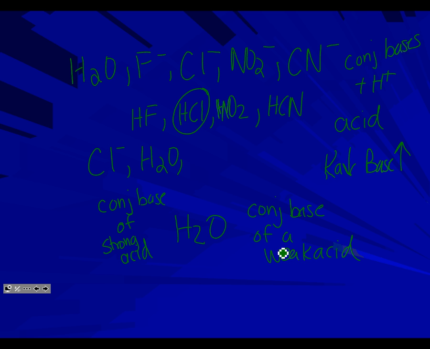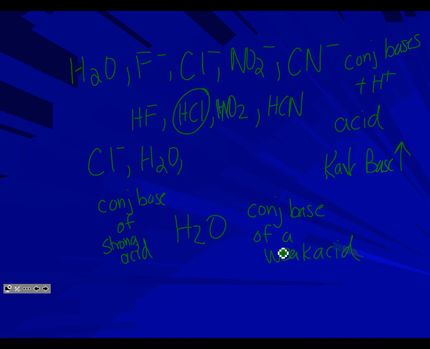So when you go to page 658 and look at that, you'll see you have hydrofluoric, which has a Ka of 7.2 times 10 to the negative fourth. We have nitrous acid, 4.0 times 10 to the negative fourth. And then down at the bottom, we have hydrocyanic acid at 6.2 times 10 to the negative 10th. These are already in order from the strongest acid to the weakest acid, so strongest to weakest acid is weakest to strongest base as well.